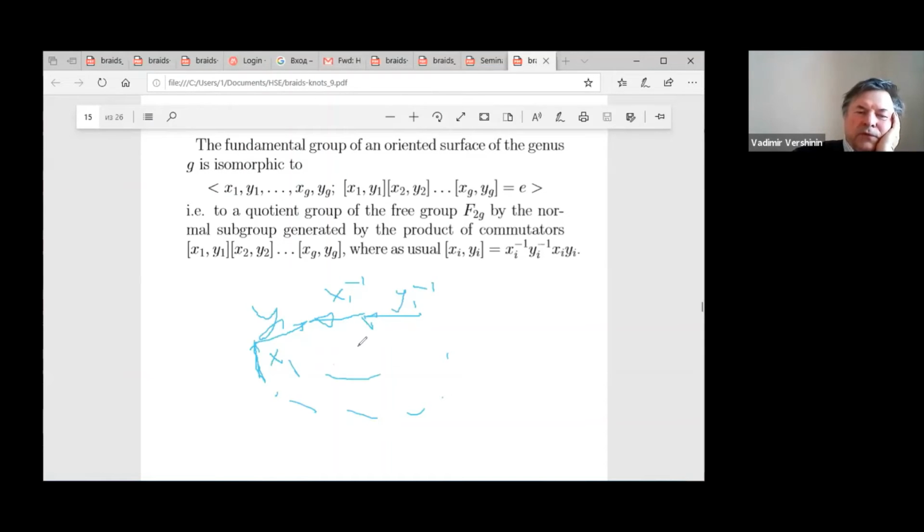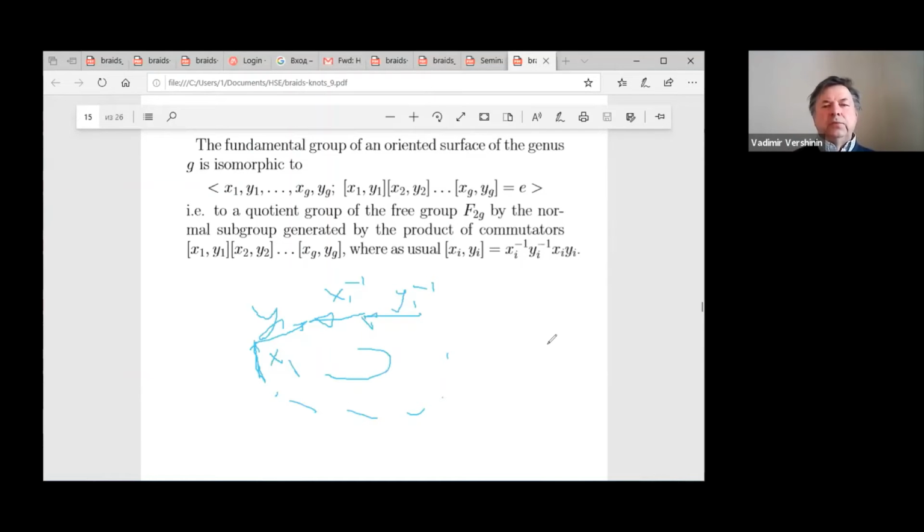So you have the cell which corresponds to the boundary of this, but boundary only in the picture. When you make all this identification, you'll get a surface without boundary. And this is the fundamental group.